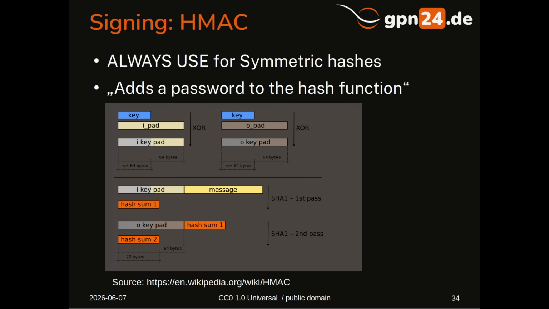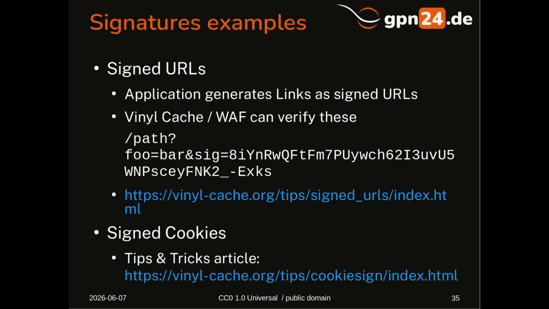It basically adds this password to the hash function. So it turns your hash function into something you can actually use for signing. And this is algorithm agnostic. So an HMAC is always an HMAC, no matter if you use it with SHA-256, or, as far as I know, it's even still secure with MD5. But don't trust me with this. I use SHA-256.